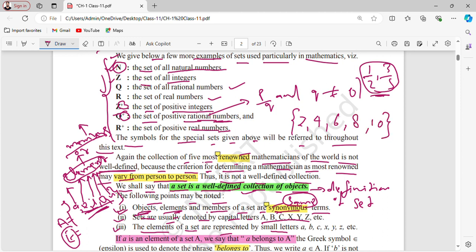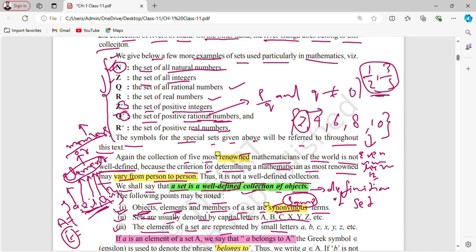This is the set of even numbers less than 12. So this 2 we can represent with a small letter, this 4 we can also represent, this 6 also with a small letter.